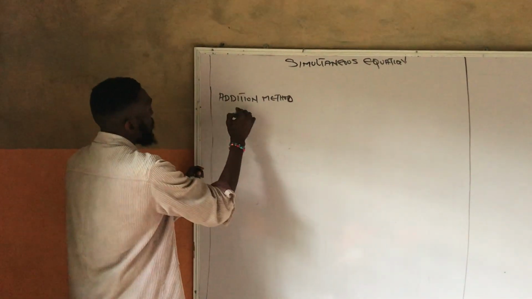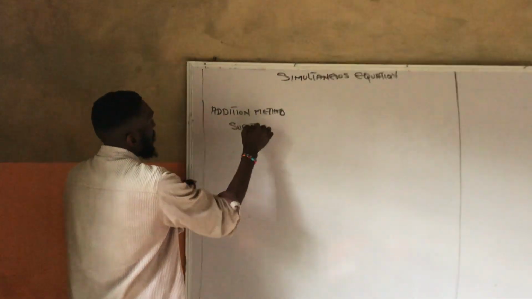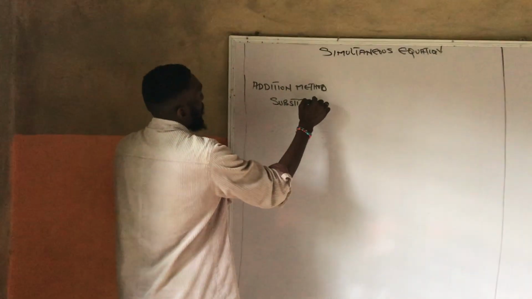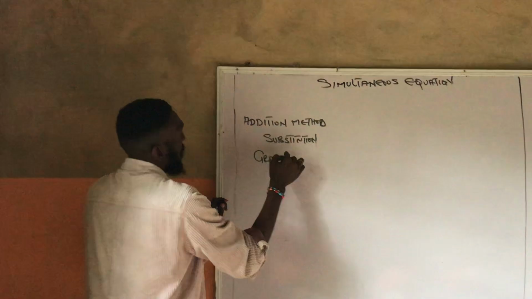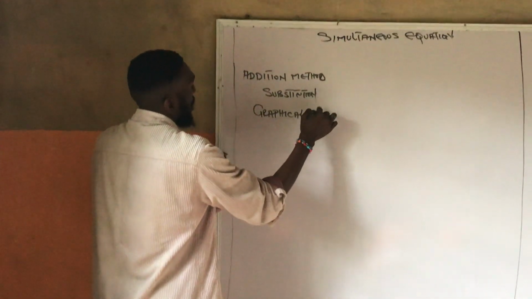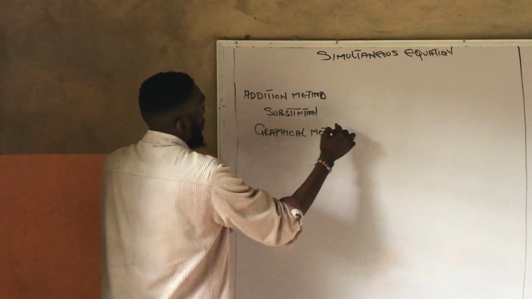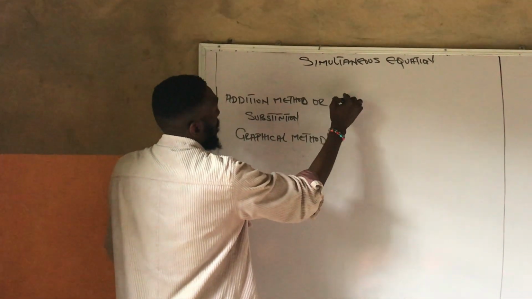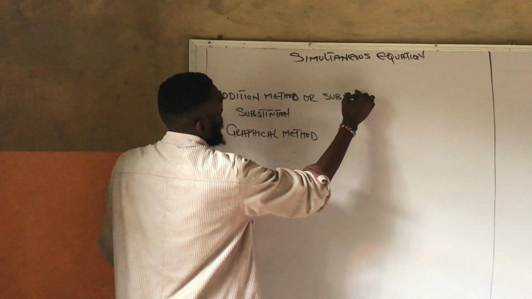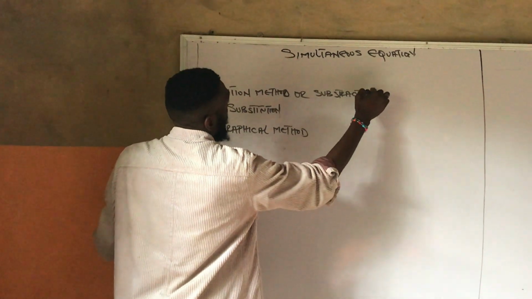We have substitution method, and we have graphical method. Addition method or subtraction method can also be here. Subtraction method can also be here.